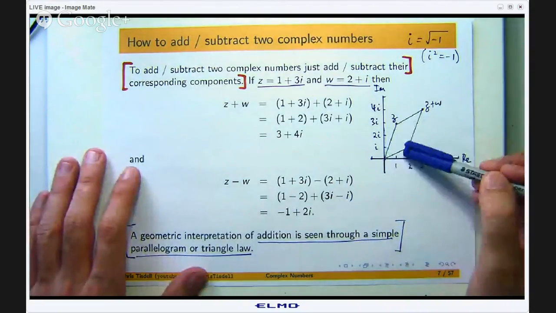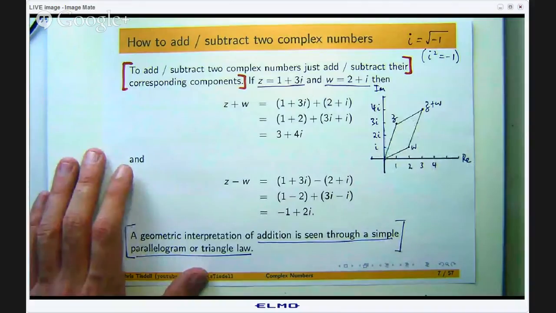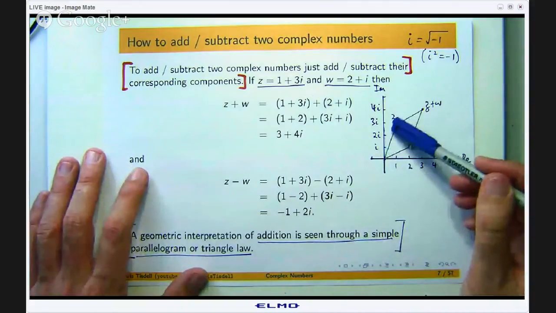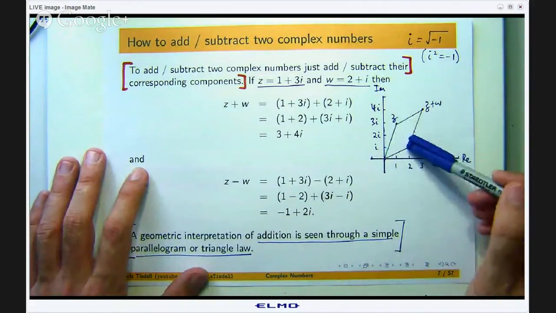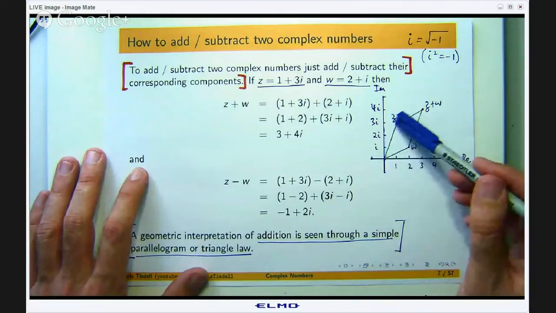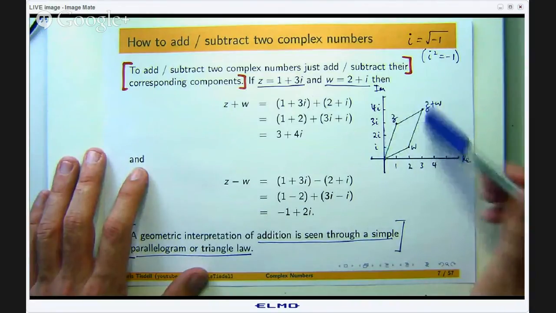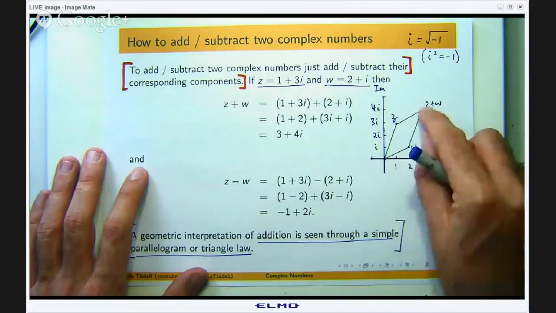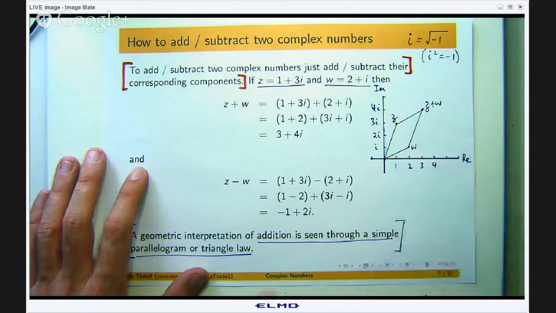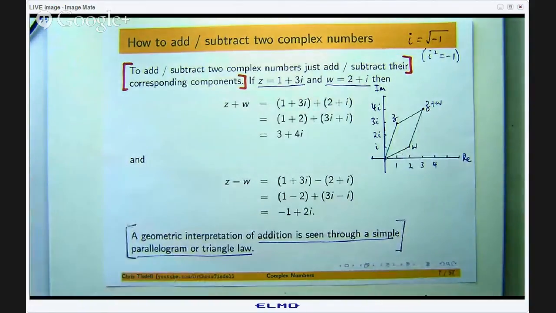You take this point and this point, you add them together, or this number and this number, you add them together. If you draw line segments from those points to the origin and then form a parallelogram, the diagonally opposite point from the origin will be where your sum should lie.